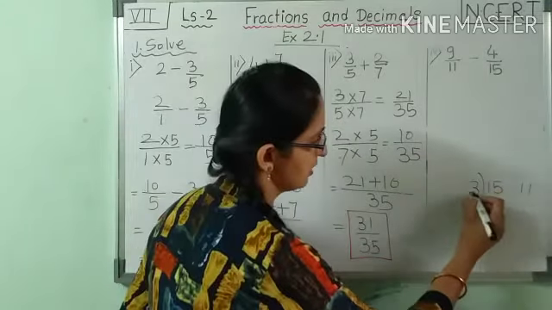Write 11 as it is. Now for 5, 5's table is there. 5 1s are 5. Write 11 as it is. Now for 11, 11's table is there. 11 1s are 11. So the LCM is 3 into 5 into 11.